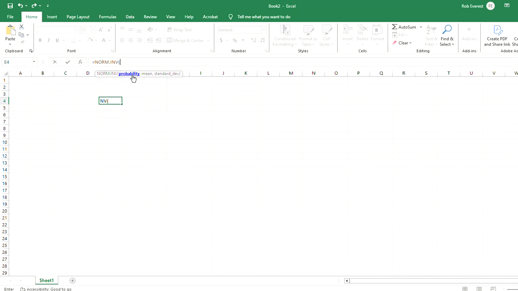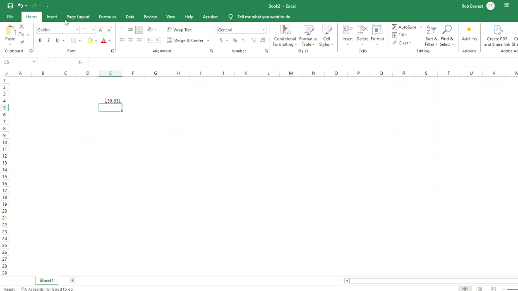For Excel, it's always the area to the left of a boundary. So if you want to find the 90th percentile using Microsoft Excel, you put the area, which is the probability of 90%, to the left of the boundary. Then you put the mean, which is 105, and the standard deviation, which is 20.